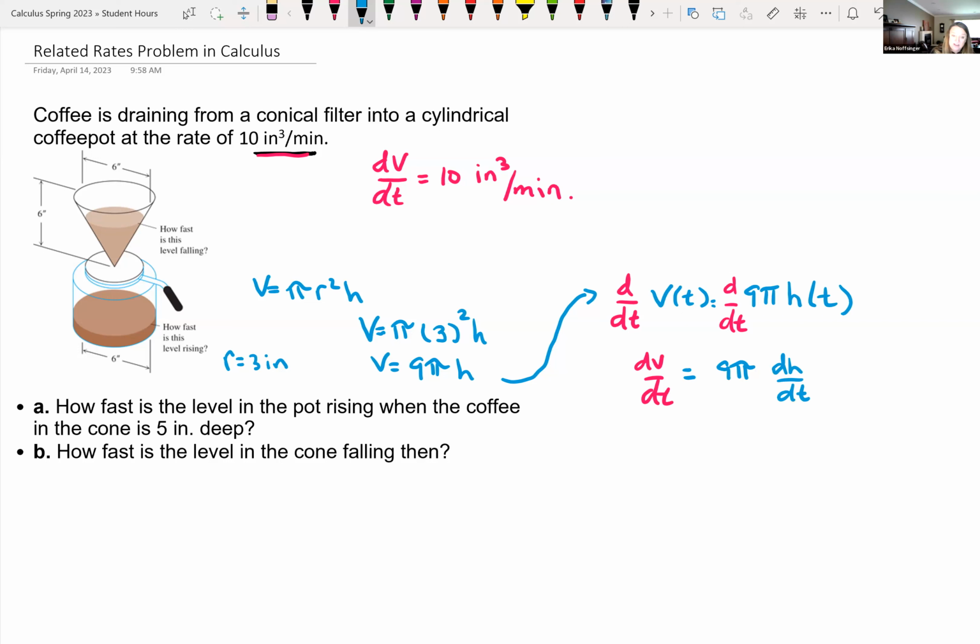We know the rate of change of the volume; we were given that it was 10 inches cubed per minute. So we have 10 is equal to 9 pi times dH/dt.